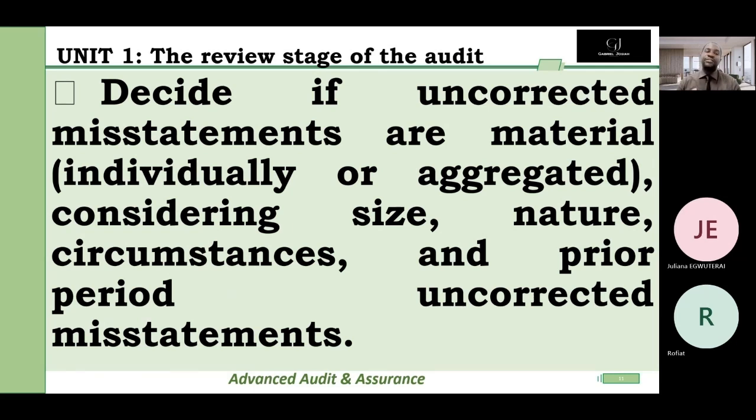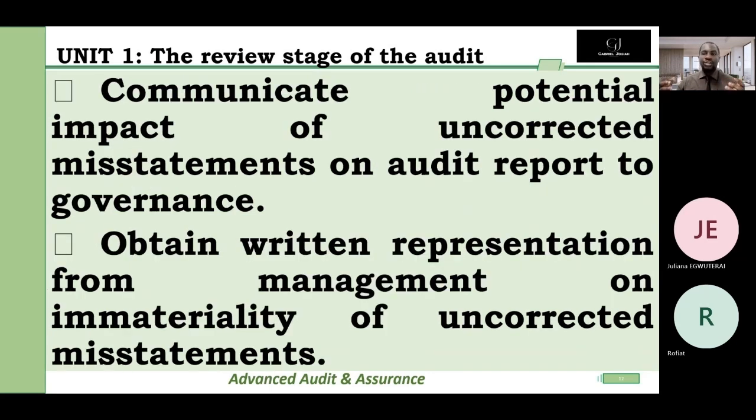If management refuses to correct the misstatement, we need to decide if it is misstated individually or in aggregate. Will it impact the financial statements significantly? We also need to consider the size, the nature, the circumstances, and the prior period effects of these uncorrected misstatements to evaluate their impact on the financial statements. These reviews are very important. We also need to communicate the potential impact of uncorrected misstatements on the financial statements.